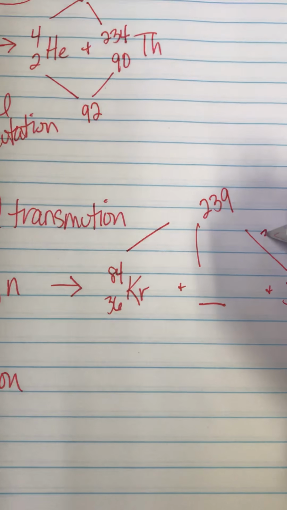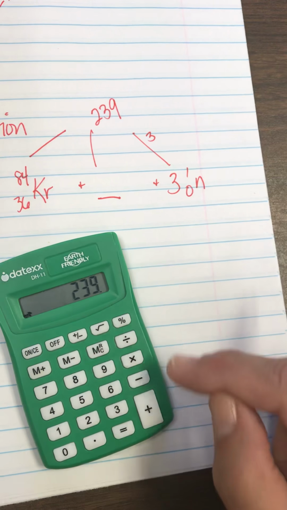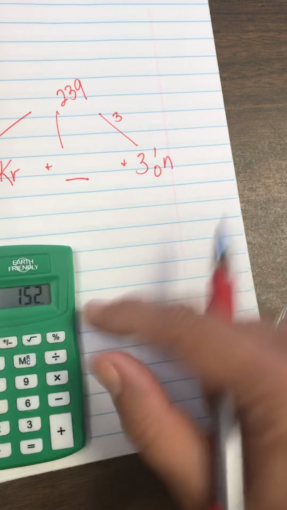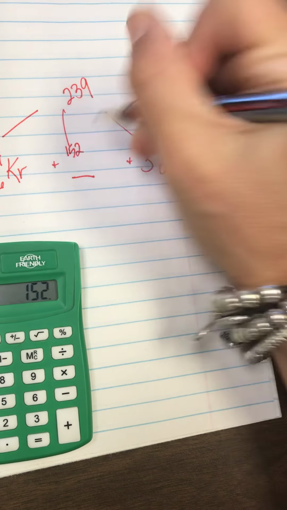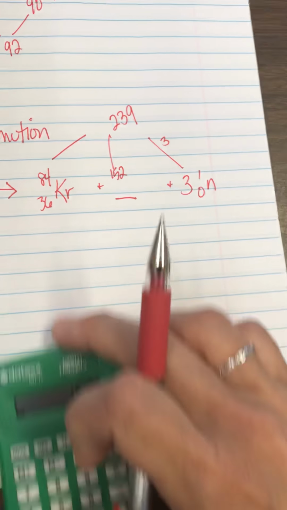Let me grab a calculator to make this a little bit faster. Over here I have 3 neutrons, so this is a 3. So I take 239 minus 3 minus 84, and I get 152. So the mass of this atom here must be 152.